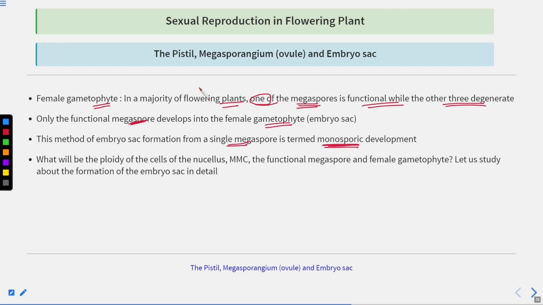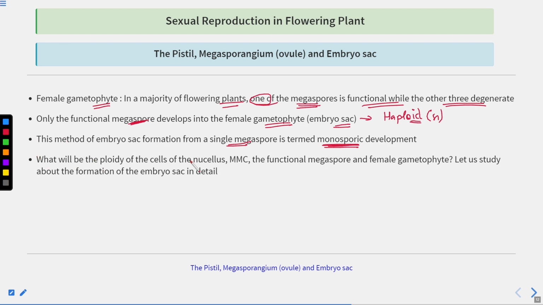So what will be the ploidy level of the cells in the embryo sac? It will be haploid. All the cells in the embryo sac will be haploid, which means they contain 1 set of chromosomes.